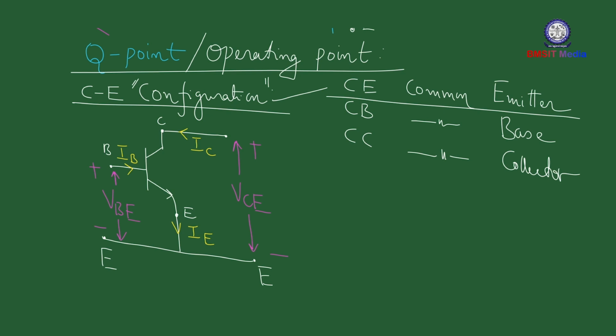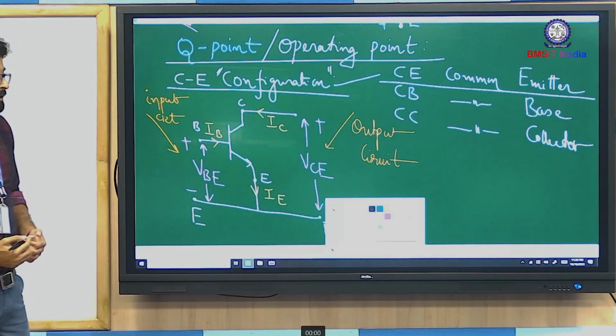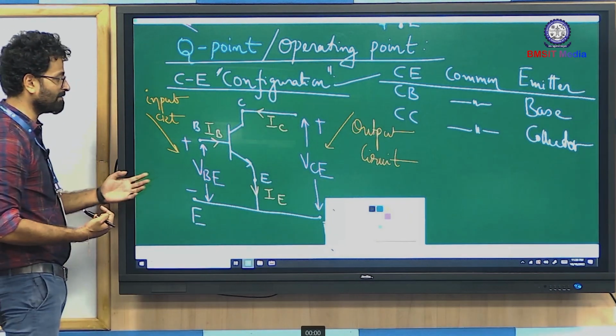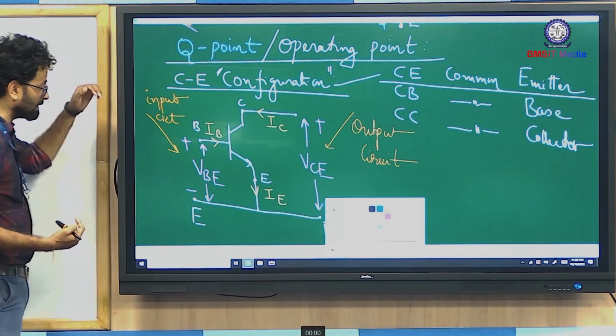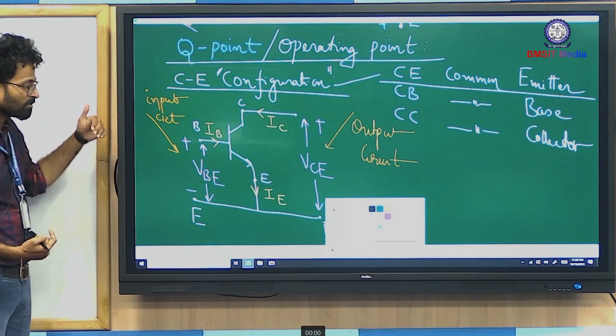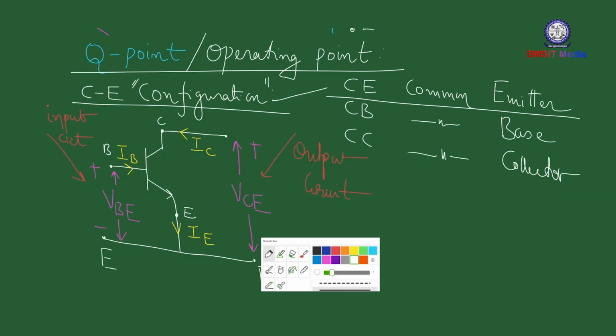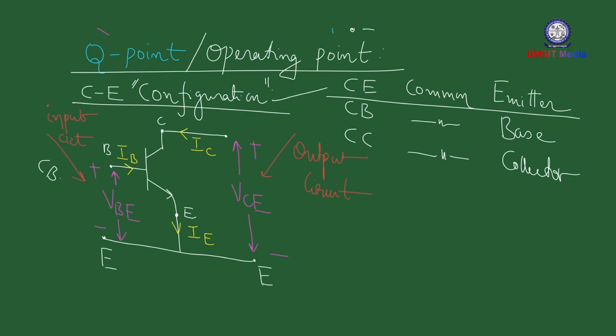All right. This side is considered as the input side. So this is your input circuit, and the right hand side is considered as your output circuit. So in future classes, instead of saying apply KVL in the input circuit, I may say apply KVL in the base emitter loop. If you look at the input circuit, you can observe two terminals, right? Base and emitter. So your input circuit comprises the BE loop.